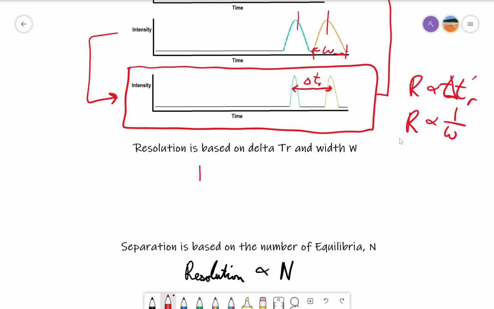We can write that as resolution equals TR2 minus TR1 over the width. Well, really, it's going to have to be an average width.